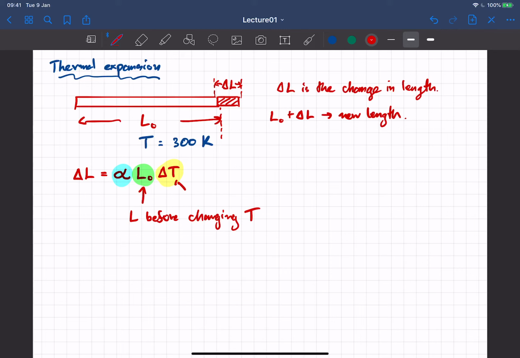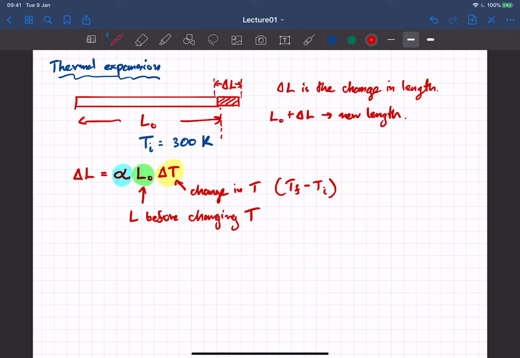And delta T is the change in the temperature. So it's T final minus T initial, right? So L0 is the length at T initial, which we say is 300 Kelvin.